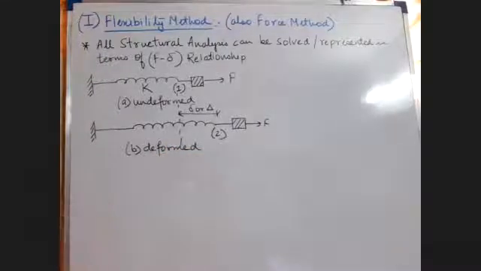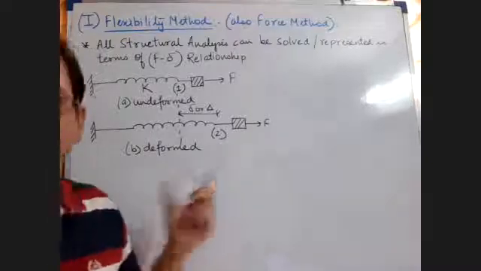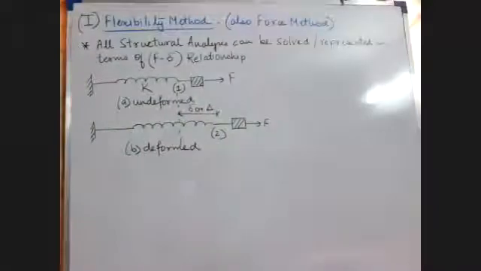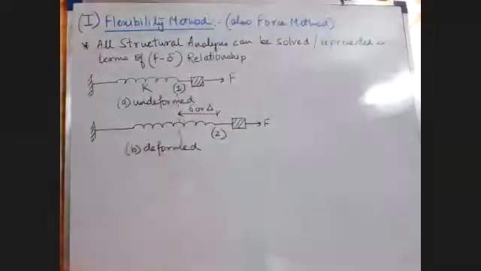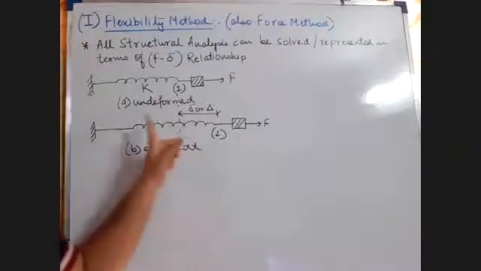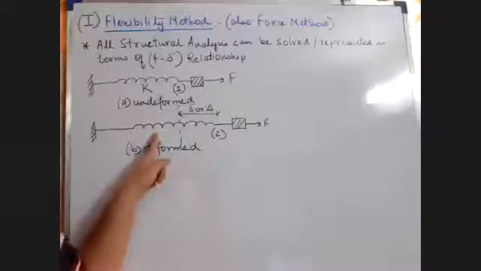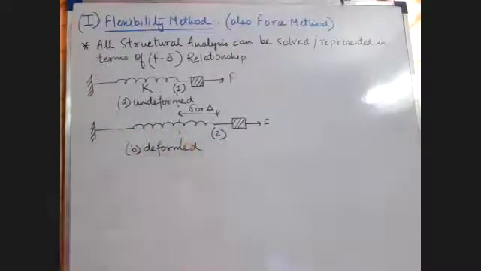This is the basic experiment we have done in our lab, in the strength of materials lab, where we use a leaf spring. The concept is that using the force F and the spring having spring constant K, we are putting some deformation or elongation in the spring.